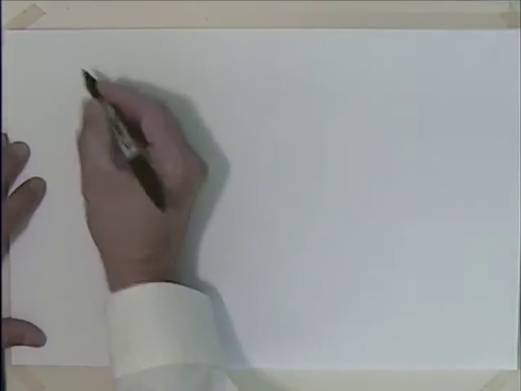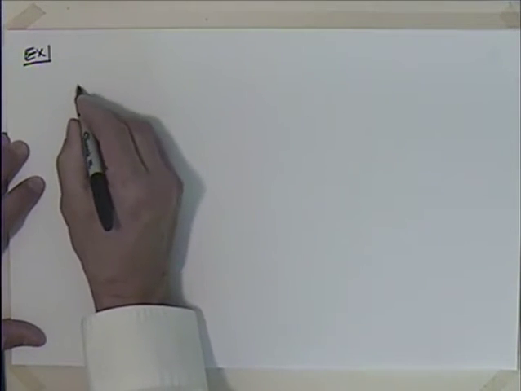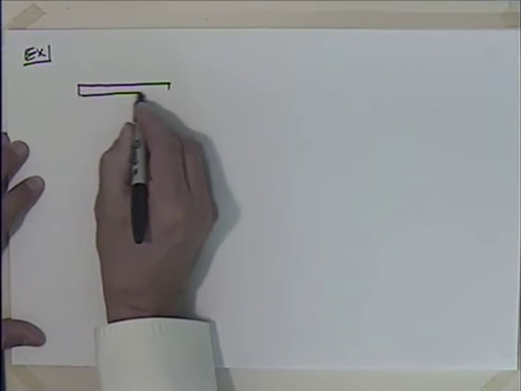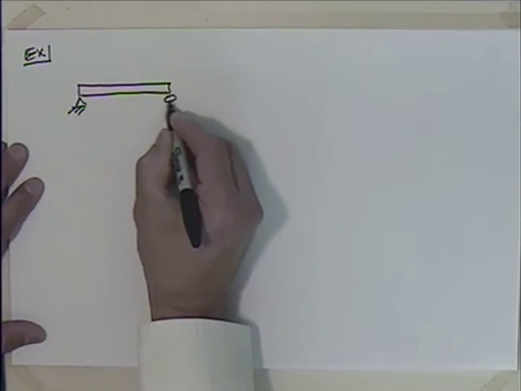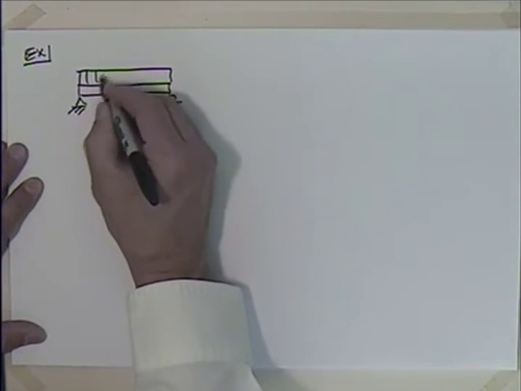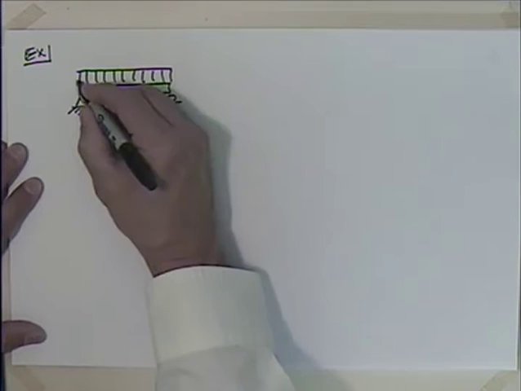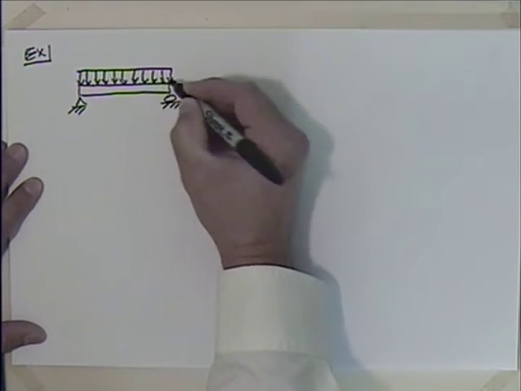So look at this example here. Again, this should work on cantilever beams, but I'll start out with a simply supported beam and say that I have this distributed load, like this.